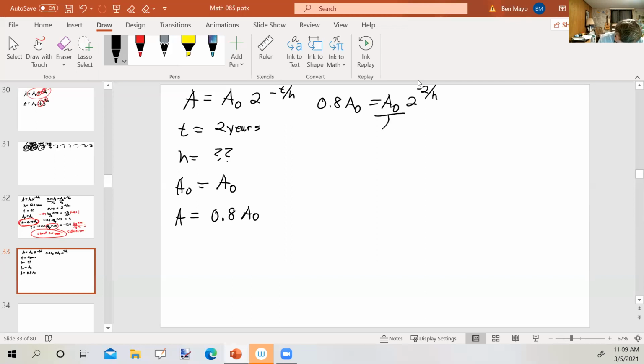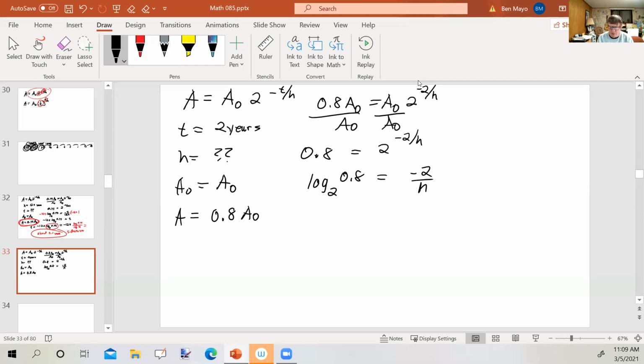I'm going to divide both sides by A sub 0. So 0.8 equals 2 to the negative 2 over H power. I have an exponential equation. I'm going to rewrite it as a logarithmic equation. So it's going to be log base 2 of 0.8 equals negative 2 over H.